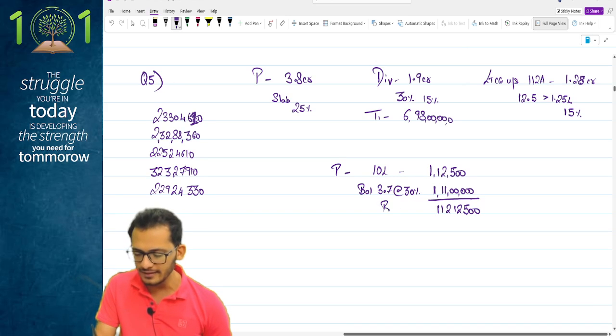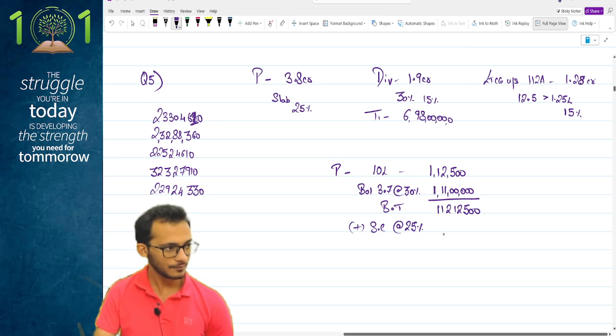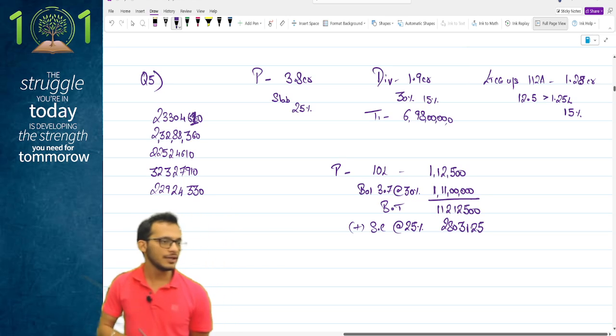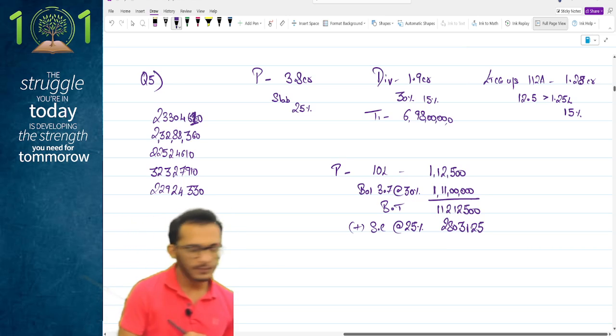This is my basic tax. On this, I will add surcharge at the rate of 25%. Number is 2,80,31,25. This is my normal income.